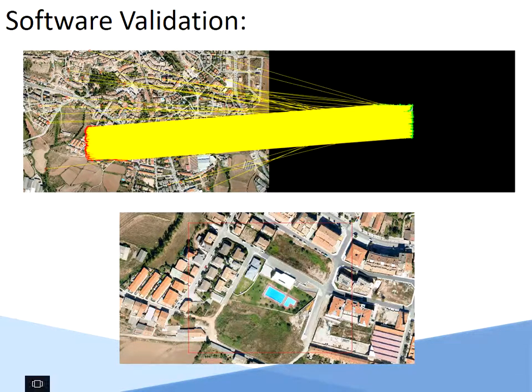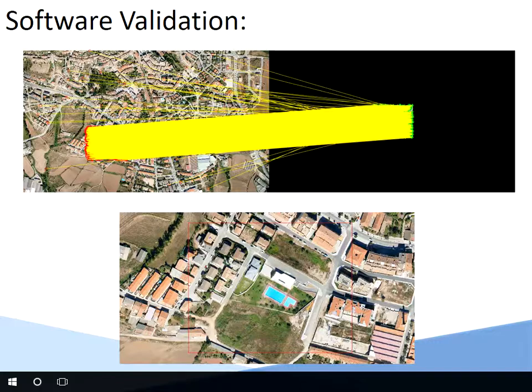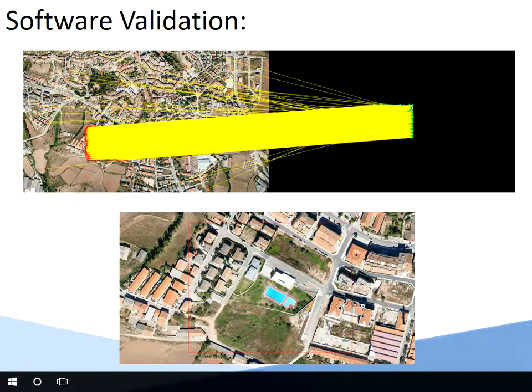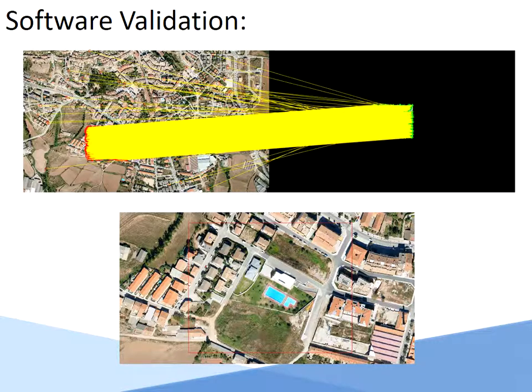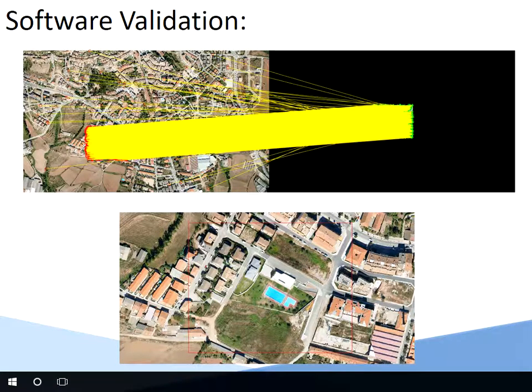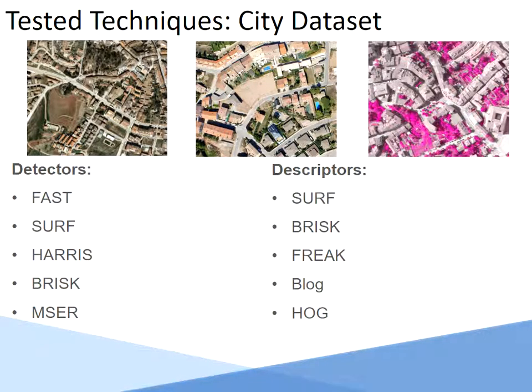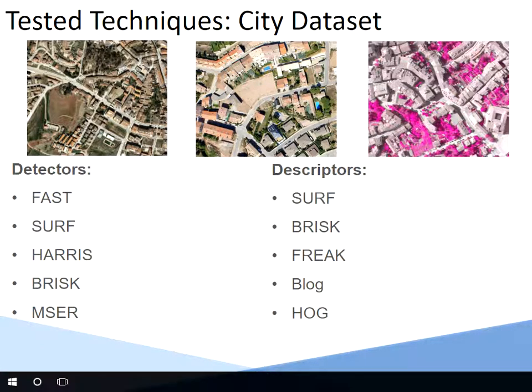In order to validate the whole system, we just took some parts of an orthophoto and simulated that they were taken by the UAV, and did the matching in order to see that it was able to fit perfectly this kind of artificial approach. Once we had that, we started working with the city dataset. That is the first one that we have finished. That one has near-infrared imagery and visible imagery.